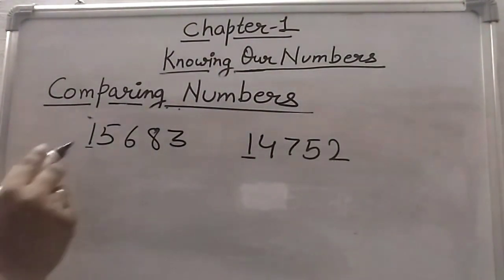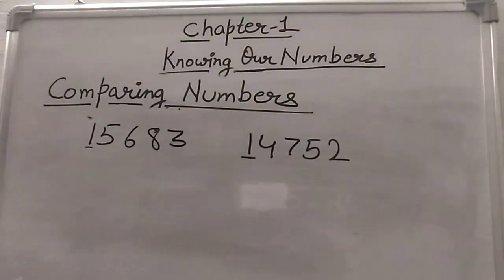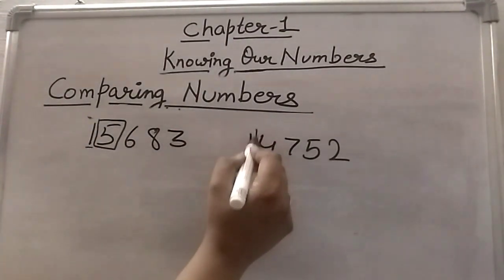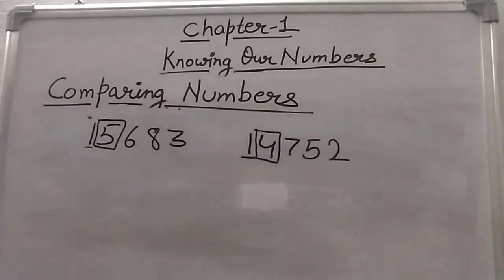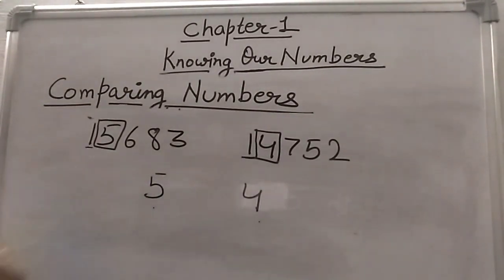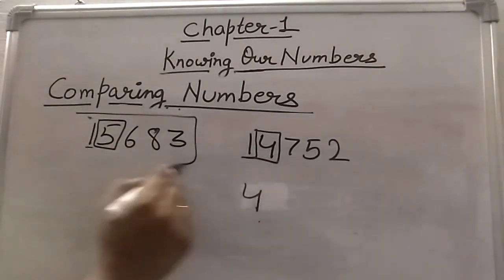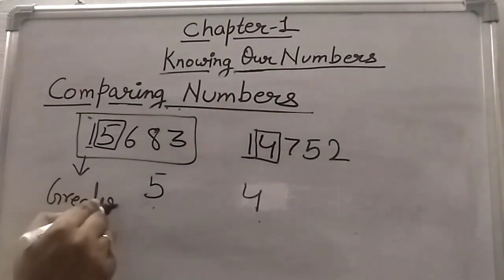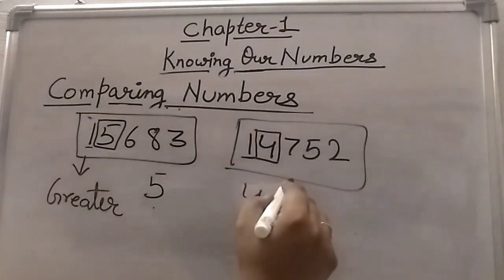But in these numbers, our leftmost digit is also the same. So what will we do now? We will go for the digit next to the leftmost one. In this, we will check this digit 5 and this digit 4. By comparing 5 and 4, we can tell 5 is greater and 4 is smaller. By this, this number becomes greater and this number becomes smaller.